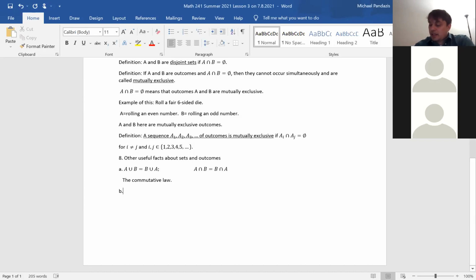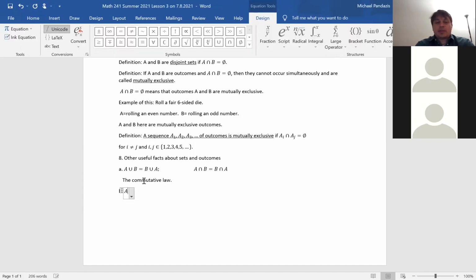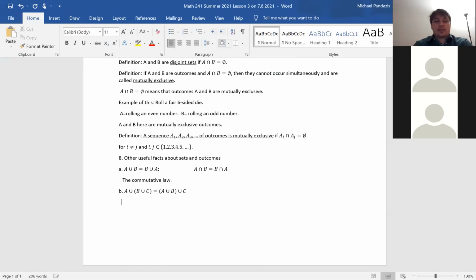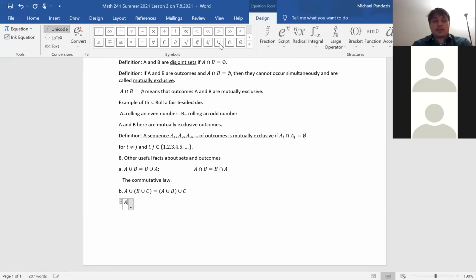Okay, B, getting a little more advanced here. A union B, union C is equal to A union B union C, with the parentheses moved. Okay, and also you do the same thing for intersections.